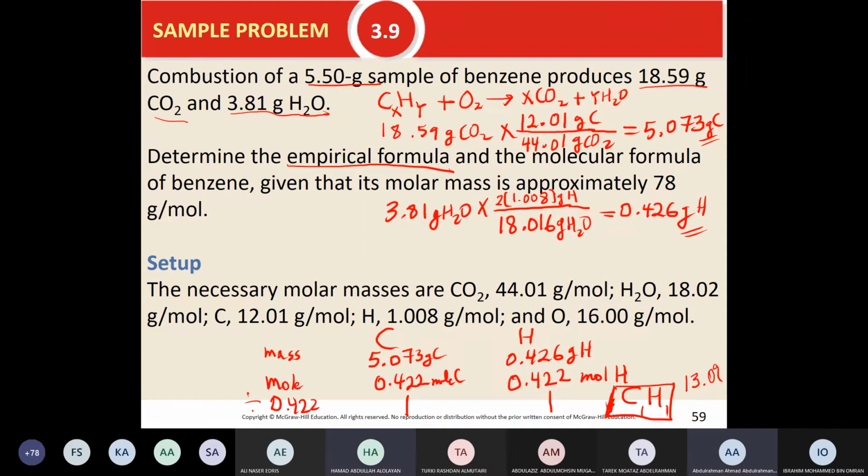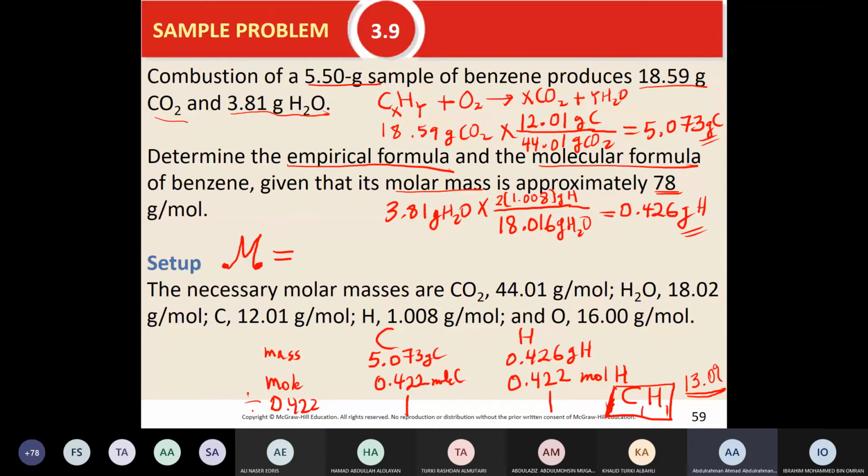Very good. Now, I want you to know that the empirical formula is CH. The mass of the empirical formula is 13.09. How to find the molecular formula? I will give you: determine the empirical formula. We want the molecular formula of benzene, given that the molar mass is 78.